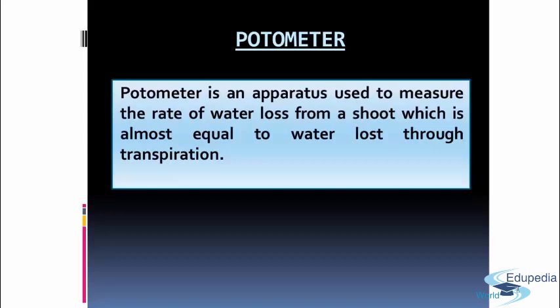It is an apparatus used to measure the rate of water loss from a shoot, which is almost equal to water loss through transpiration. Okay, now there are two types of potometer which help in the measurement of transpiration.